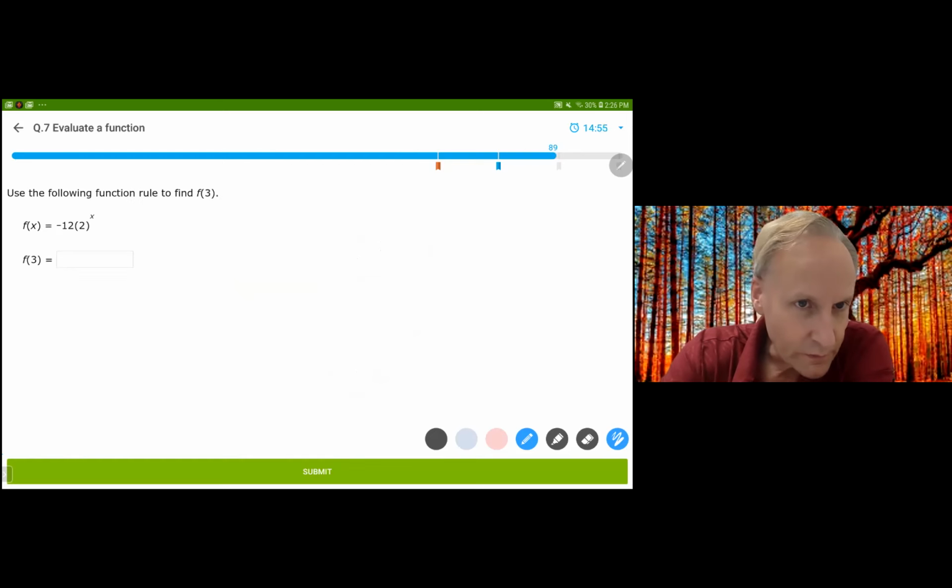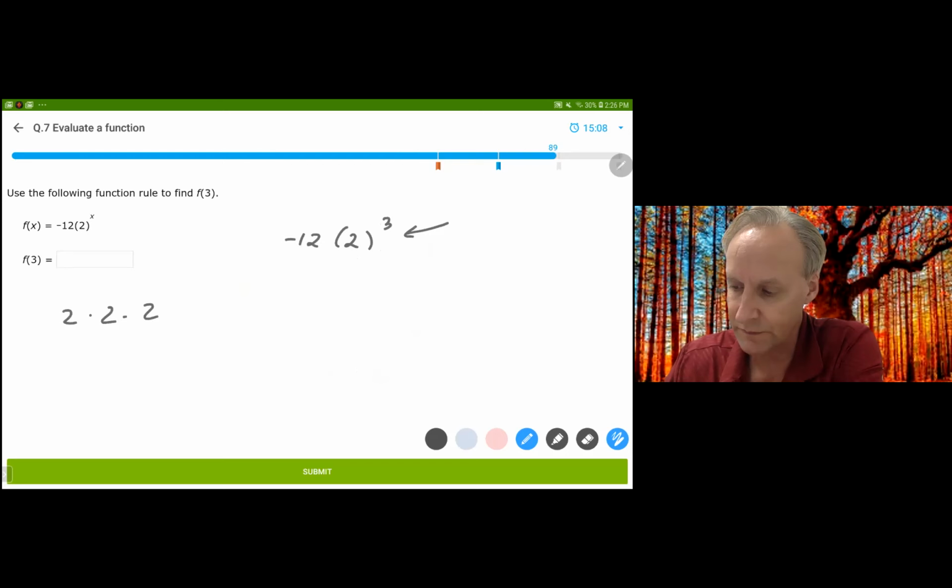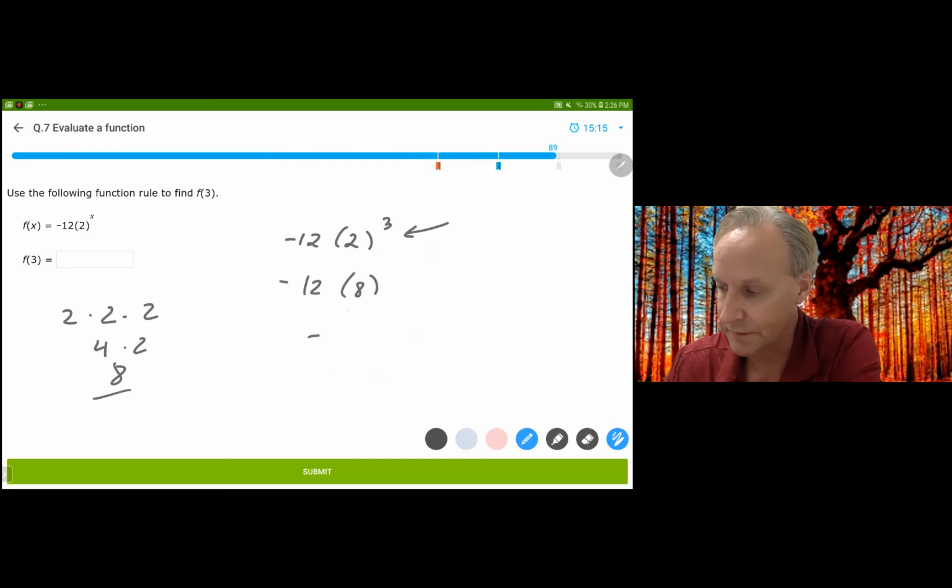And this one is going to be, oh, a nice one. Negative 12 times 2 to the third power. A lot of people are going to think that's 6. It's not. 2 times 2 times 2 is 4 times 2, which is 8. Be careful. That is negative 12 times 8, which is negative 96.